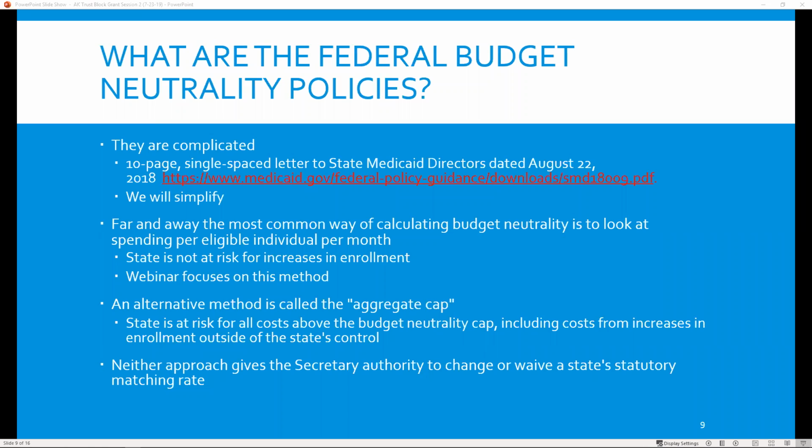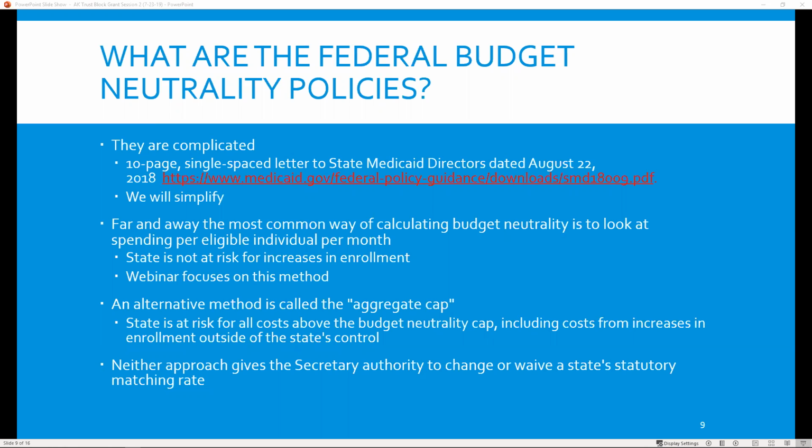So anyway, to oversimplify, there are two basic ways that budget neutrality is calculated. The more common way, for example, most recently in Utah with their per capita cap waiver that we mentioned last time, is based on spending per eligible individual per month.